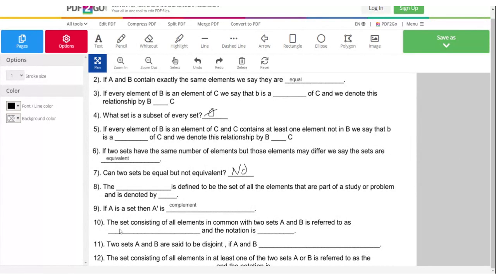So this right here, the set of all elements in common with two sets, is the intersection. And remember that symbol?